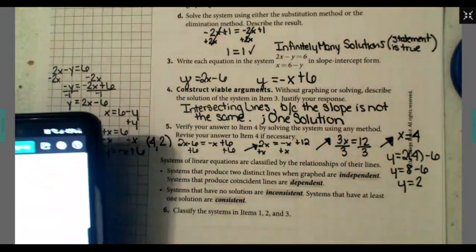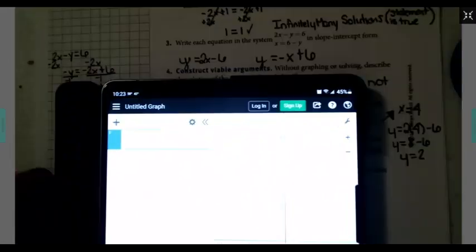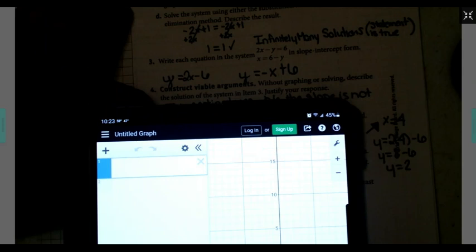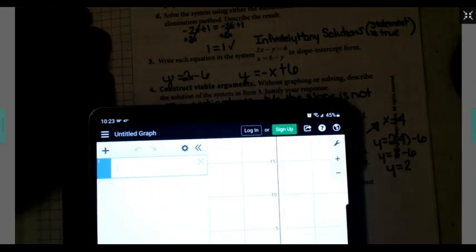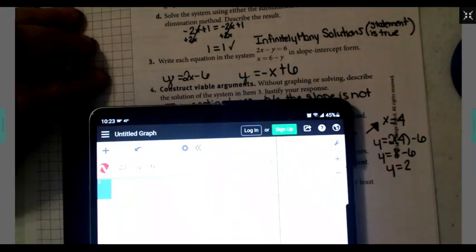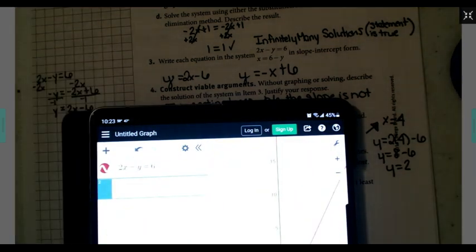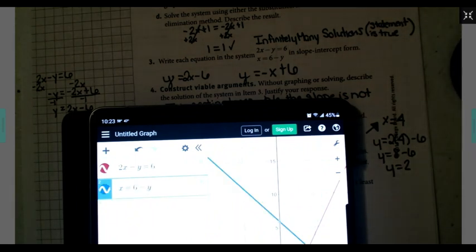I'm going to go back to my original 2 equations. So that was 2x minus y equals 6. And the second one is x equals 6 minus y.